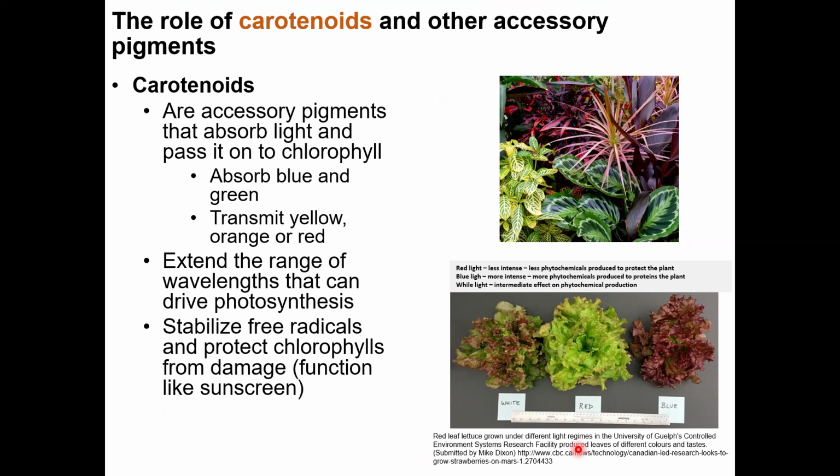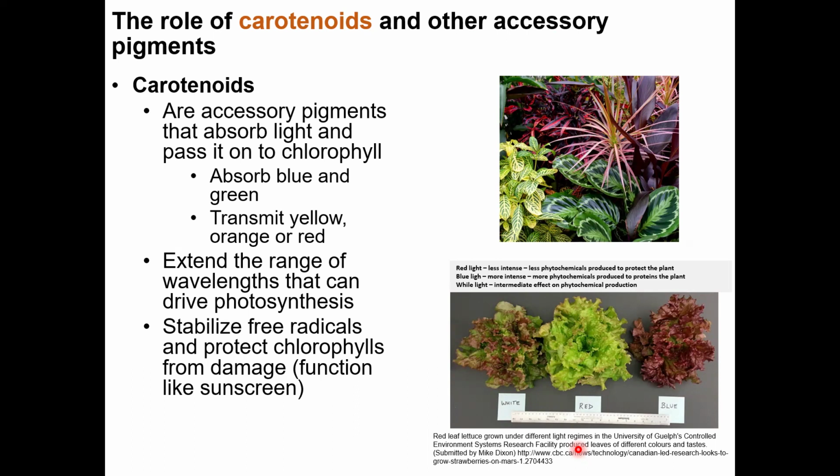The primary role of these carotenoids and other accessory pigments is to allow the absorption of light and pass it on to the chlorophylls. That extends the range of wavelengths that can help photosynthesis occur, and it helps stabilize free radicals and protect the chlorophylls from damage, basically functioning like sunscreen.